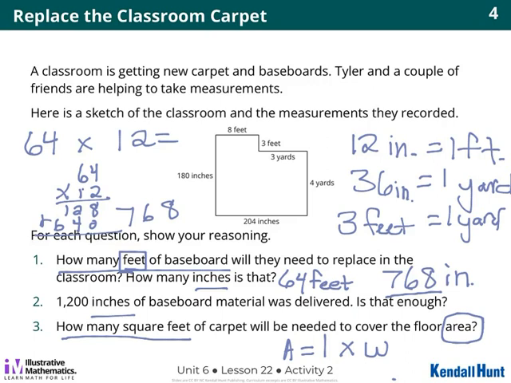Okay. Number 3 is like a bonus question. Did anybody find an answer? How many square feet of carpet would they need? Let's hear a few answers. Jace, what'd you get? I got 64. Square feet? Yeah, that doesn't sound right.